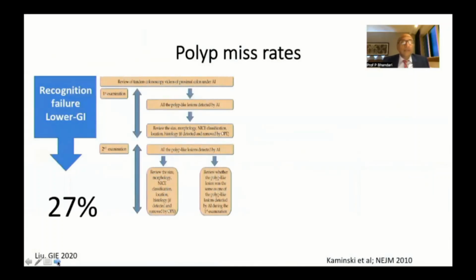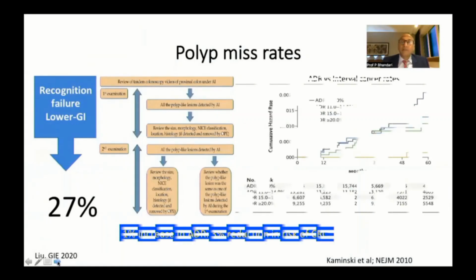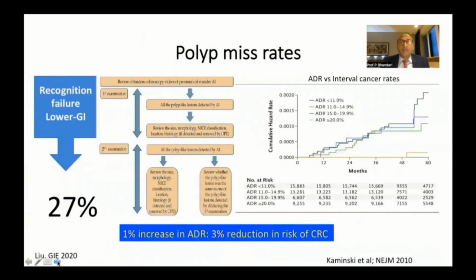As I was saying, we do miss polyps, anywhere between 15 to 27% of the polyps get missed. And not each missed polyp, but we know that the adenoma detection rate is correlated with reduction in colorectal cancer rate.